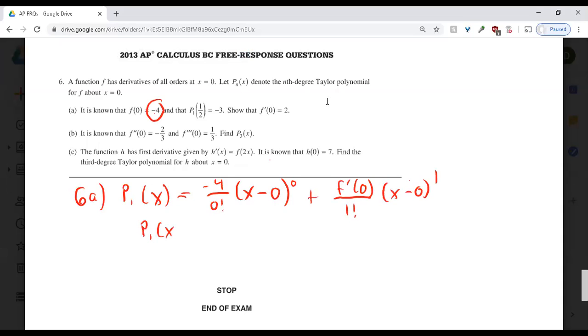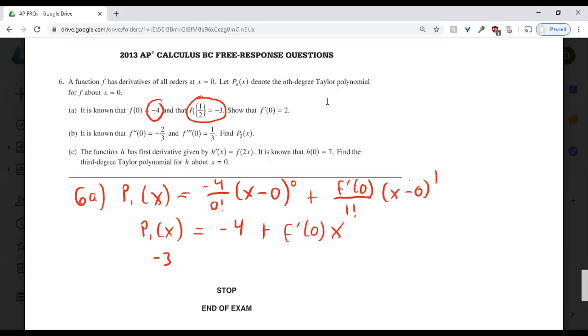So when I simplify this, it's going to give me negative 4 plus f prime of 0 times x. And we know that when x is 1/2, the first order polynomial is negative 3.